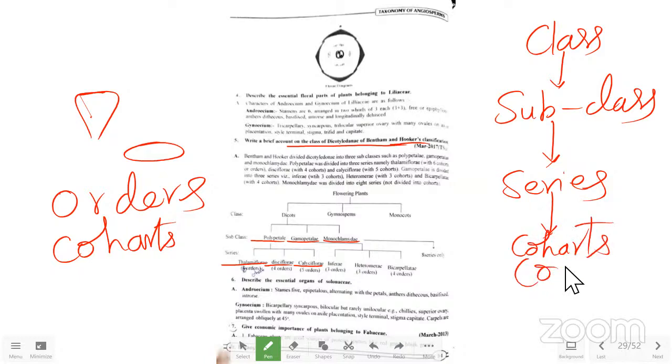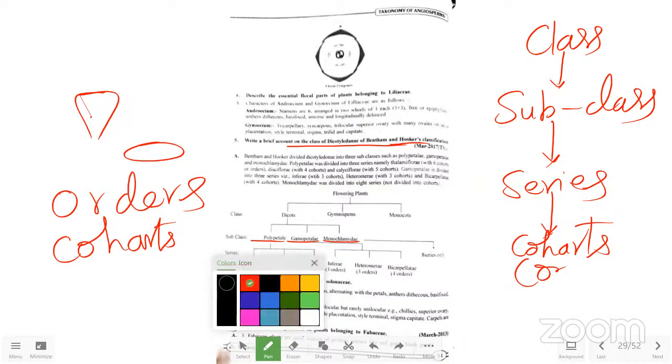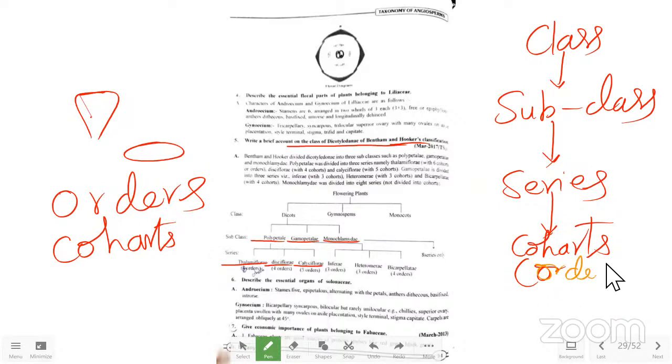Cohorts, now we are calling them orders. And after that, each and every cohort is having families, genus, and the species. That's a different one. So till here only we have to write in this 4 marks question.